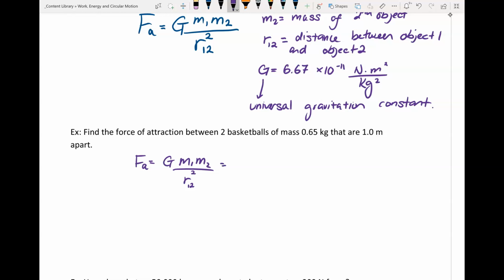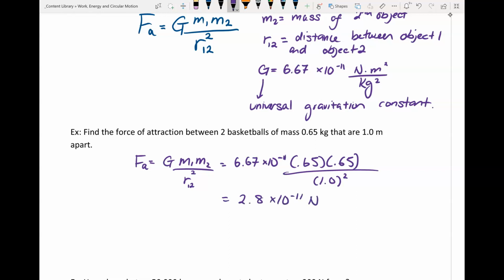Our universal gravitation constant is 6.67 times 10 to the power of negative 11. One mass is 0.65 kilograms, the other mass is also 0.65 kilograms, all divided by the distance between those two basketballs, which is 1, and then squared. So we're going to put this into our calculator, and you should get 2.8 times 10 to the power of negative 11 newtons. And that's our answer.